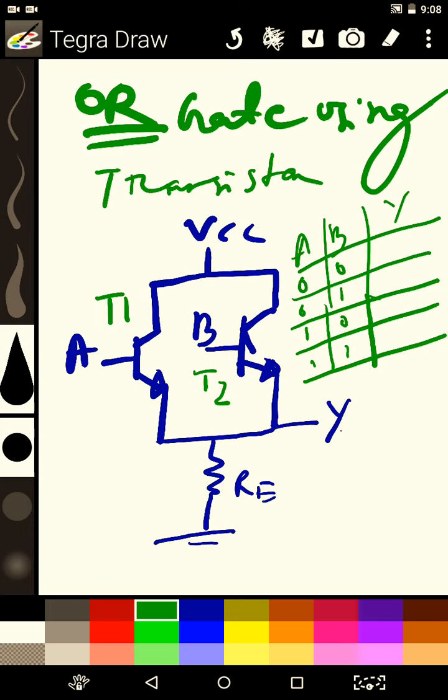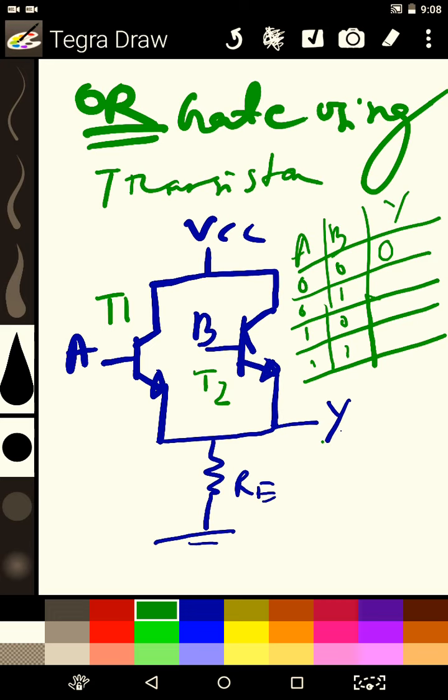Then both the transistors are reverse biased, meaning the cutoff region. That's why there will be no closed circuit between VCC and the Y terminal, between the emitter terminal. So there will be no voltage output from the Y terminal. So what will be the output? 0.